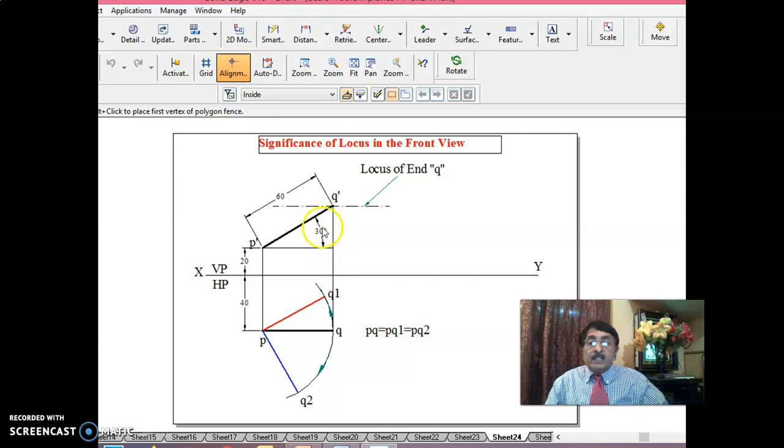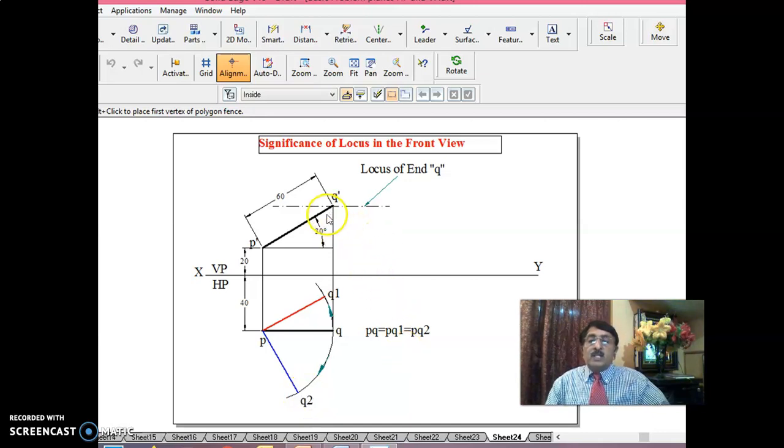As long as inclination is constant, if you rotate the line PQ, fixing at P and moving Q, the length of the top view will remain same. That means PQ will be same as PQ1, some random position, and PQ is same as PQ2, some other random position.